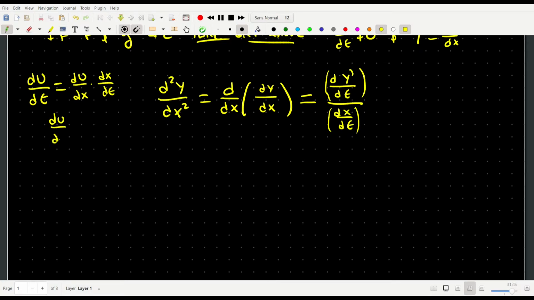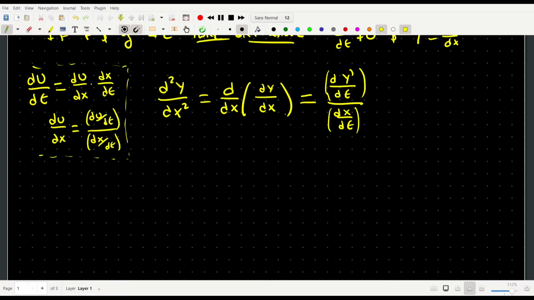So du dx will be equal to du dt over dx dt. I want you to be really careful with this notation here. This is not saying that the dt's cancel out. It's saying that the derivative of u with respect to x will be equal to the derivative of u with respect to t divided by the derivative of x with respect to t. This is just the chain rule.